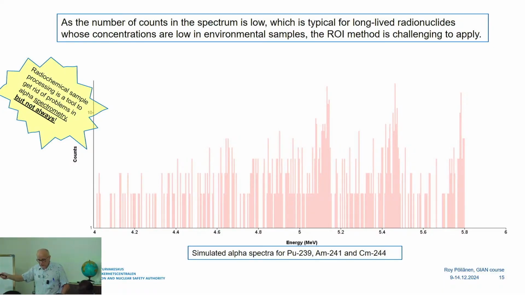Okay, this is just an example containing the same nuclides as in the previous slide. You can see that there are three peaks, but how to determine peak shapes very accurately for peak tail.